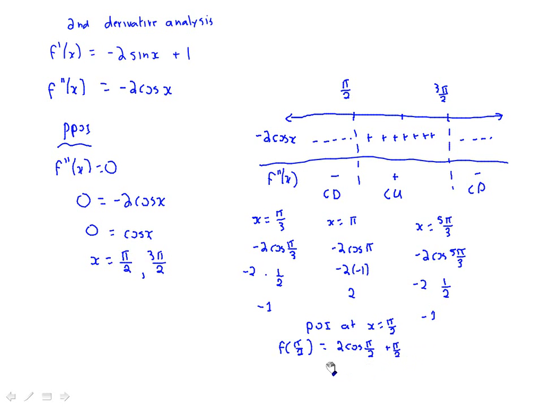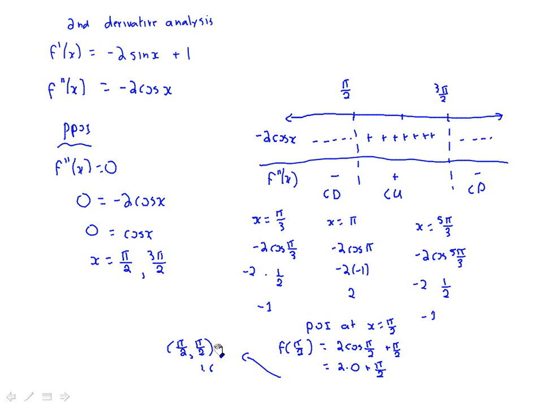Now that's going to give you 0, 2 times 0 plus pi over 2. So our ordered pair, a little sloppy here, is pi over 2, comma, pi over 2. If you did decimalize pi over 2 just for the sake of locating it on a graph, that's about 1.6. So that's where the inflection changes.